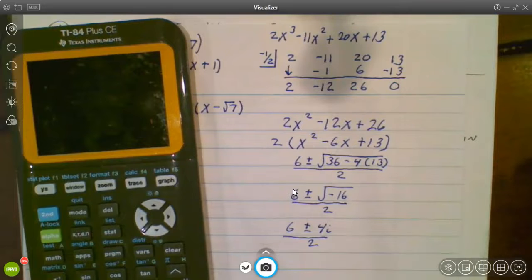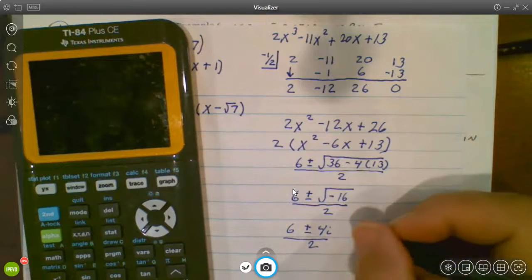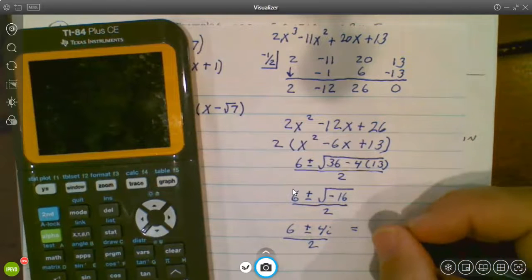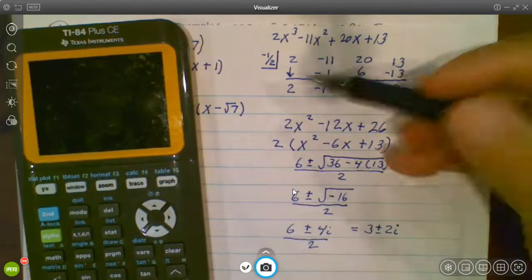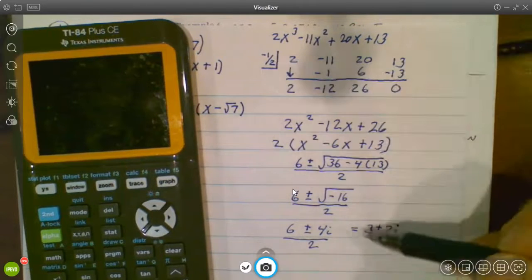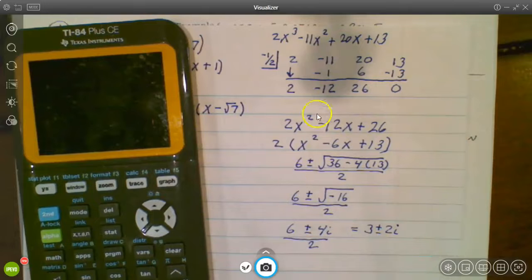So it looks like this. And I'll show you why I'm going this far on this problem in just a second. Divide everything by 2. I get 3 plus or minus 2i. Okay, so I have 1 real, 2 imaginary zeros. If the problem just says write all the zeros, I would list all 3 of those.